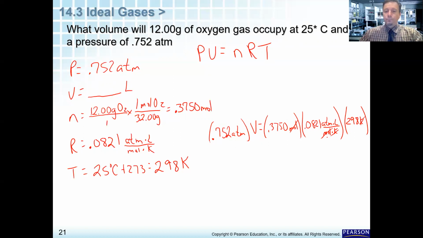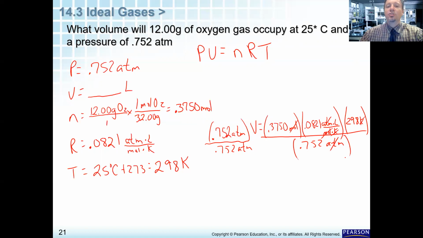So isolating, I'm going to divide this side by 0.752 atmospheres. Come over here, divide this by 0.752 atmospheres. Now my atmospheres cancels. So now I've isolated because this is gone. So now I'm solving exactly for my liters, and that's my volume.